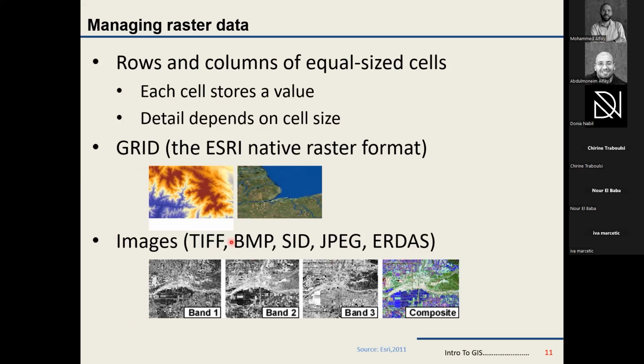BMP, TIFF, and JPEG you all know, because they are used in many graphic programs. ERDAS and SID and something called GeoTIFF are actually used to store satellite imagery. So we can use that as well.